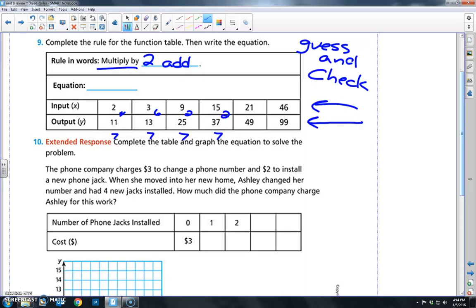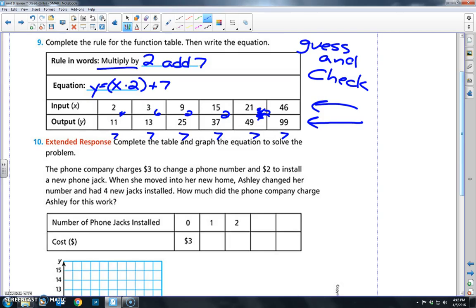There's 7. 42, 49 minus 42, yeah, that's 7. There you go. That's 7. Multiply by 2, add 7. The equation would be y equals x times 2 plus 7. That's how I would write it in there.